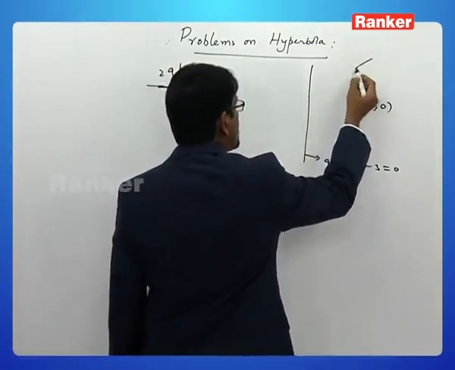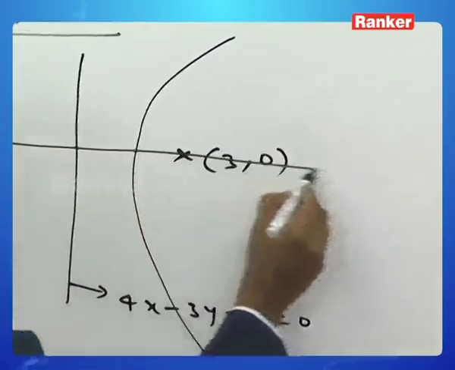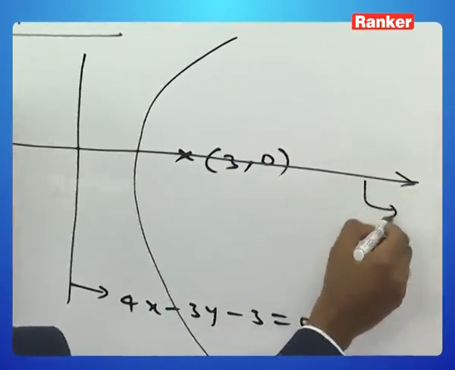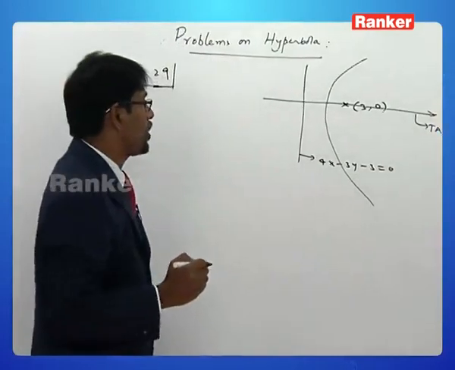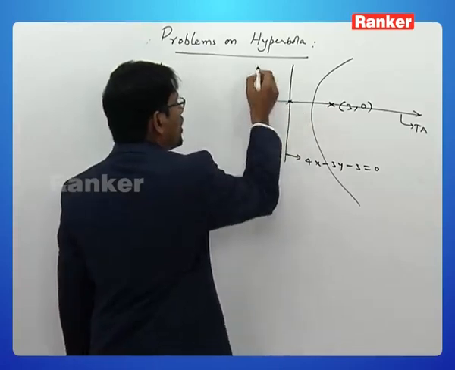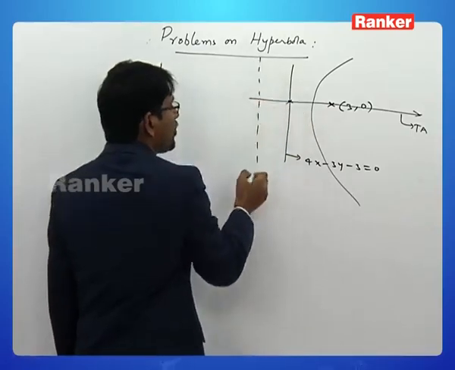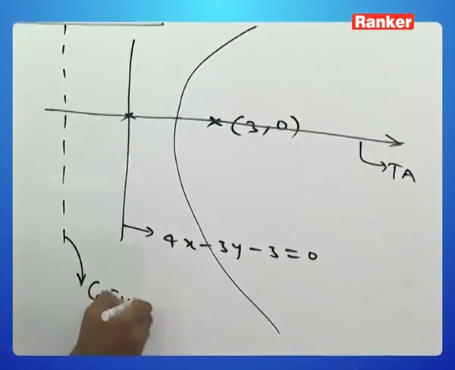So let's say we have this hyperbola like this. This is the transverse axis. Now this is the minor axis, conjugate axis, let us say.